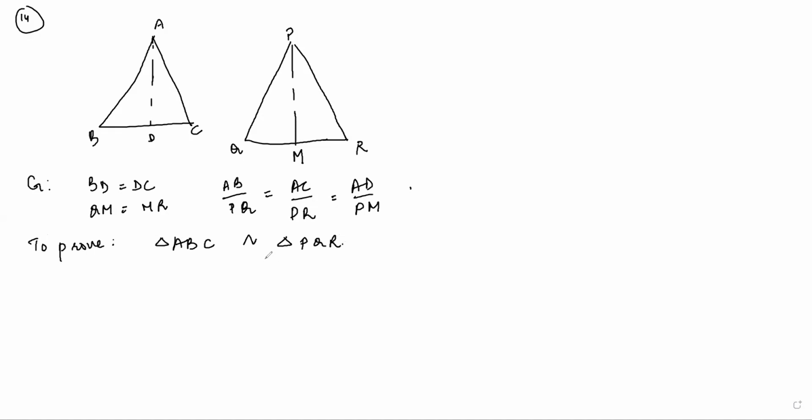Now see, the complete triangle we have to show similar. So if the triangles are similar, that means the sides are proportional. So I need to get something like AB by PQ is equal to AC by PR is equal to the third one, BC by QR.